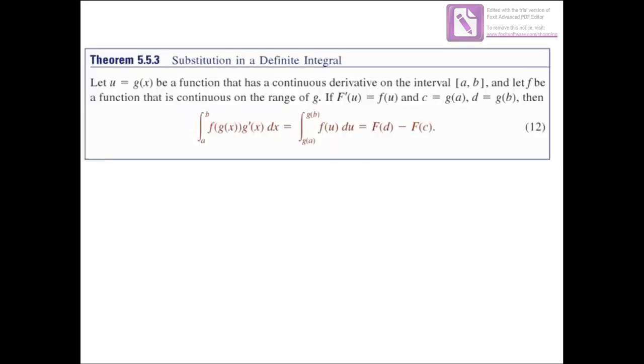Then we have substitution in a definite integral, which is Theorem 5.5.3. Let u equals g of x be a function that has a continuous derivative on the interval a to b, and let f be a function that is continuous on the range of g.